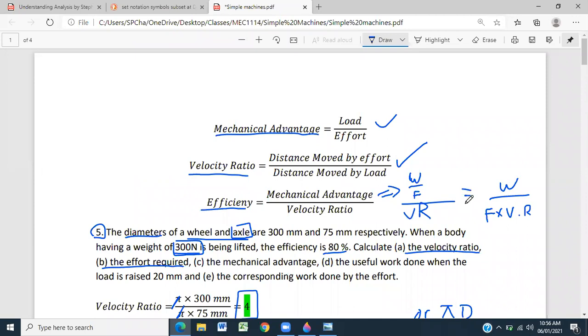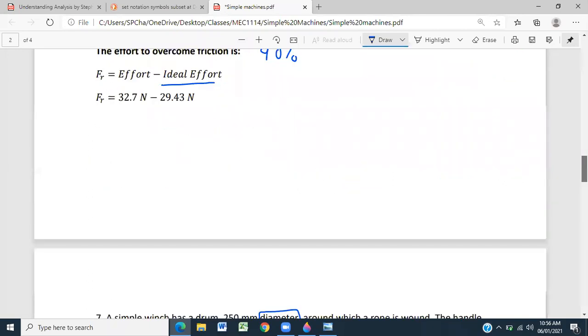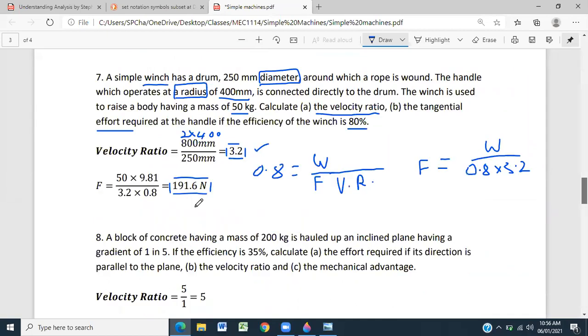Is equal to efficiency. Okay, sir. Good. And 80% using this, the effort, F is effort. So the efficiency is equal to W over F times VR.